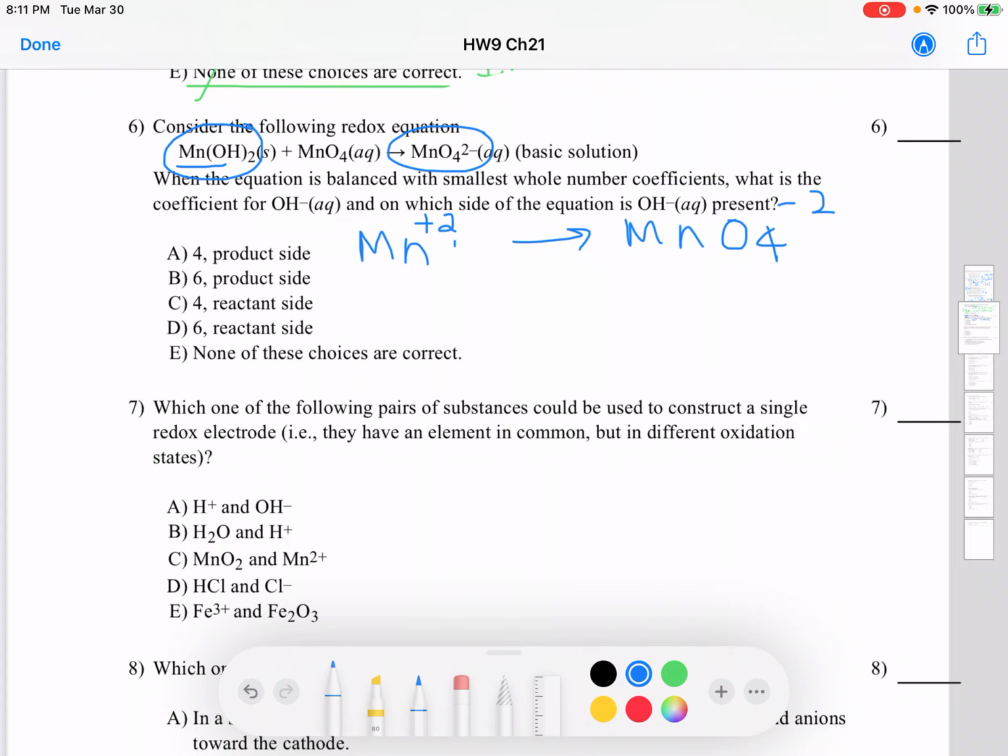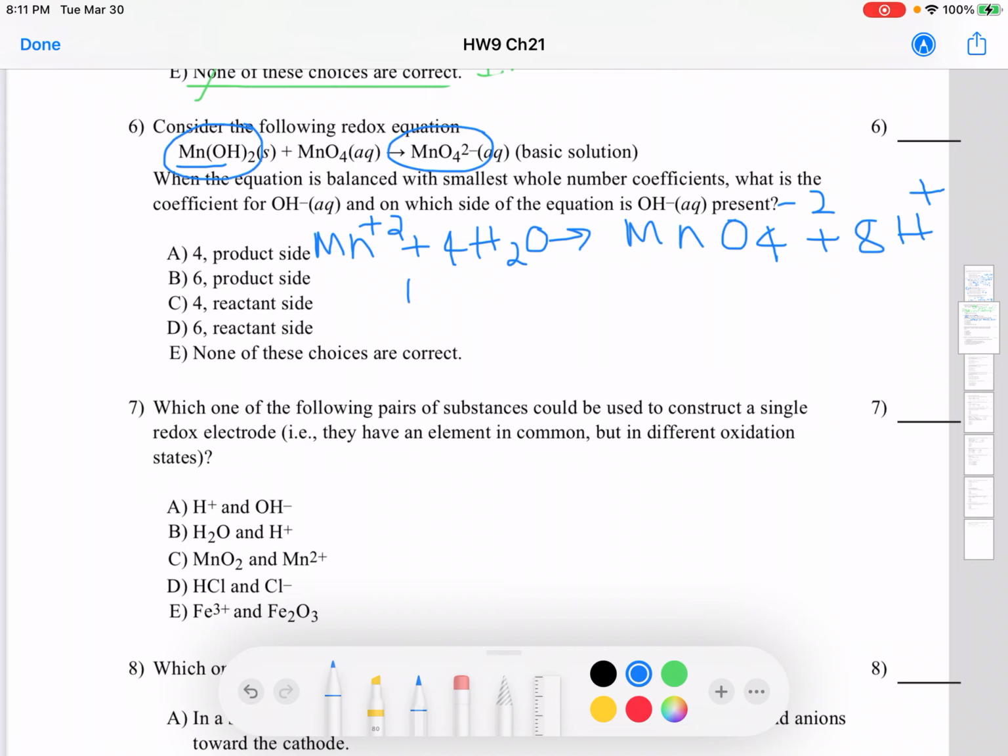So you can try to balance this. There are 4 oxygens. You put 4 hydroxide. So not hydroxide, we're going to be putting water, sorry. We put hydroxide later. Mn +2. So for the 4 oxygen, we put 4 water molecules. And then to balance hydrogens, 2 times 4, 8H plus.